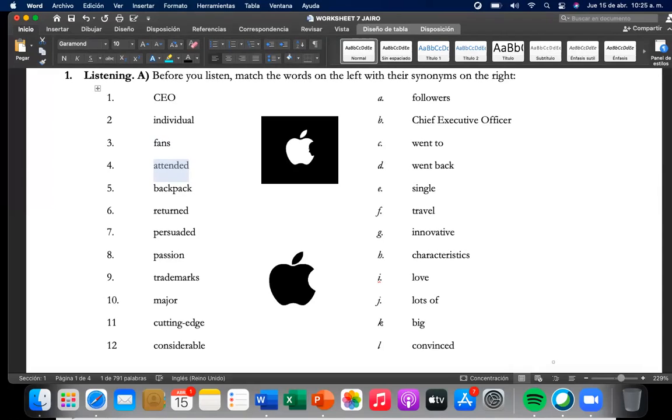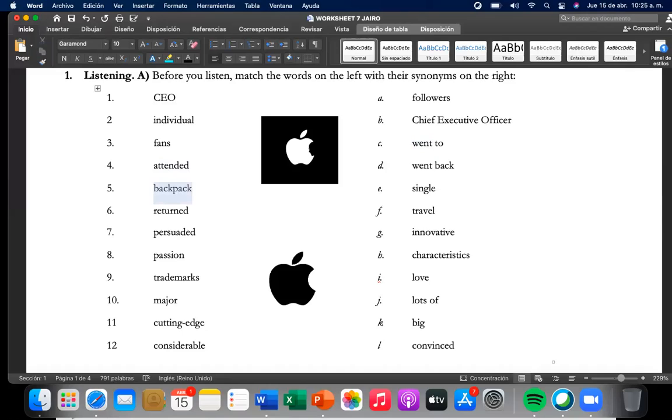That's an interference. Eso es una interferencia lingüística. O sea, la L1, que es el español, se mete ahí y la embarra, ¿cierto? Entonces hay que ser muy cuidadosos con estas palabras. Attended is went to. So I can say, for example, when I was a student, I attended the University of Quindío, ¿ok? Quiere decir que fui a esa universidad o estudié allí en esa universidad.